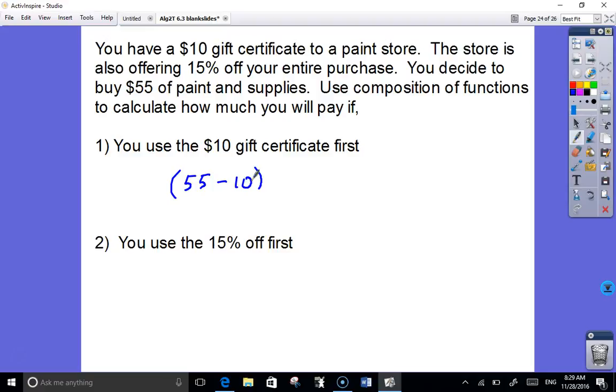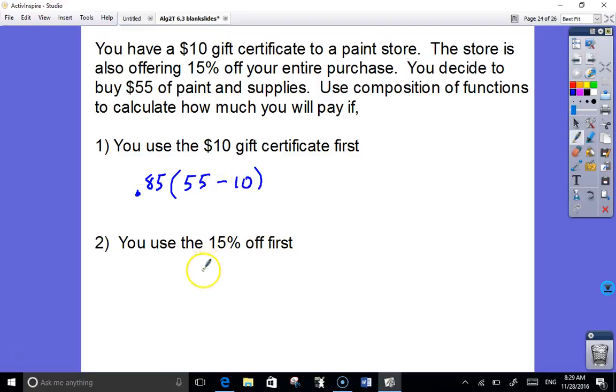Multiply it by what? Yeah, 0.15 will give you the discount, but if you want to know how much you actually pay, multiply by 0.85. If it's 15% off, that means you're paying 85%. Okay, that would be taking the $10 off first.